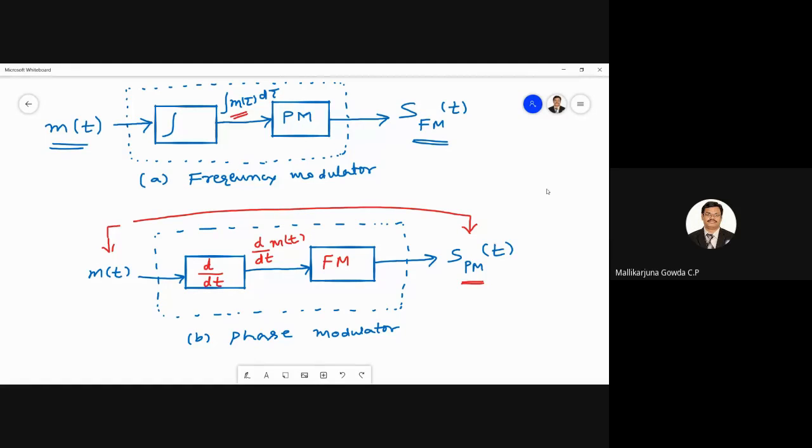What is the analogy you have given, to say how FM and PM are similar or different? You gave that example. Can you repeat that example? I think you didn't get that example. No, sir, I got that example. Can you repeat? I'm asking.